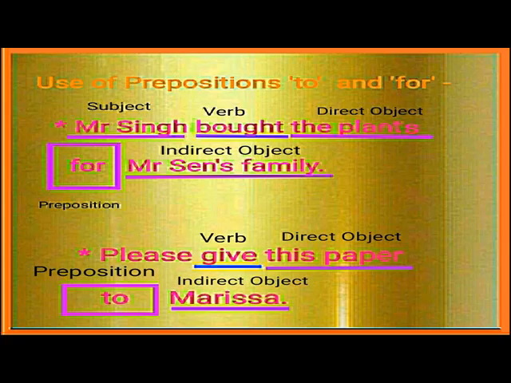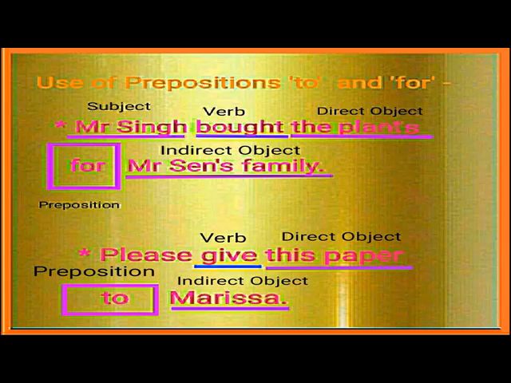Let's see one more sentence and understand the use of preposition to. Please give this paper to Marisa. What's the subject in this sentence? Can you see it? No. But there is a subject in this sentence.